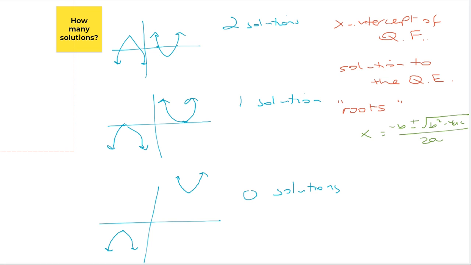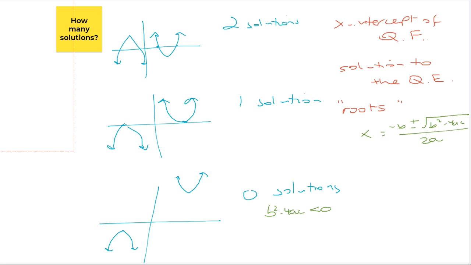We talked about real numbers. That's not a real number, which means that it's not graphable, which means that if the stuff under the square root sign is negative, we will not be able to find the x-intercepts because we don't know what the square root of a negative number is. So in the case of there being 0 solutions, you will find that this stuff under the square root sign is negative. We cannot calculate it, and that's why we can't find x-intercepts.